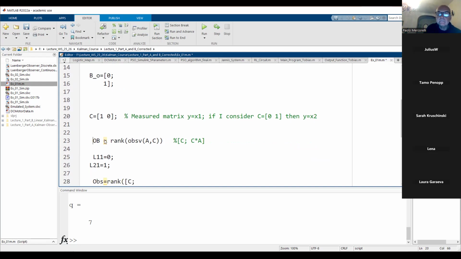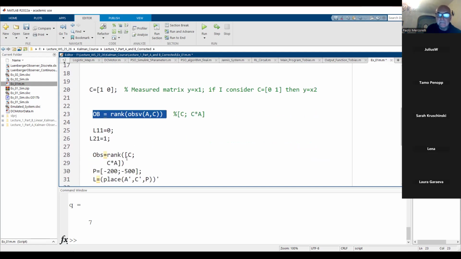Look, in MATLAB, given the matrix A and C, we can use the command OBSV in order to calculate the observability matrix, which you remember.